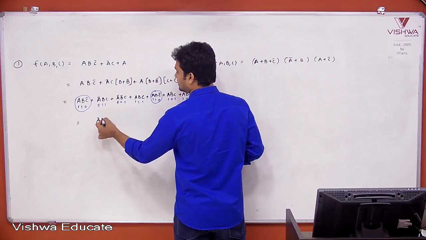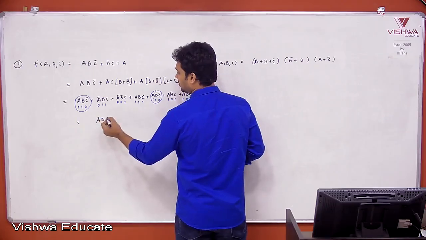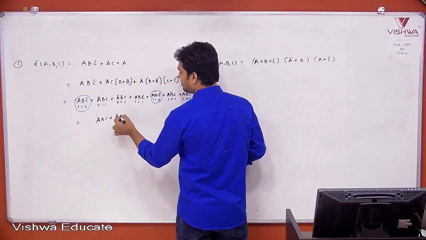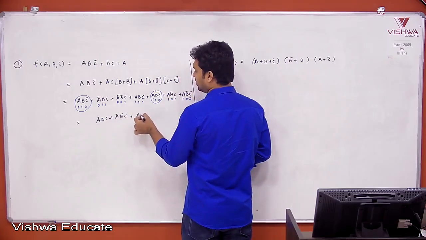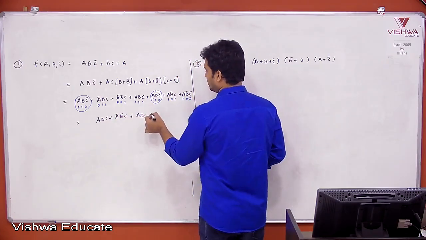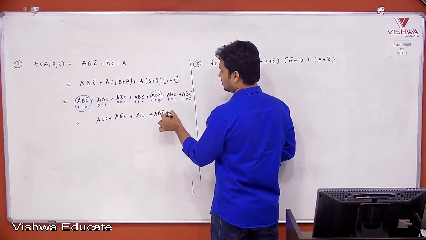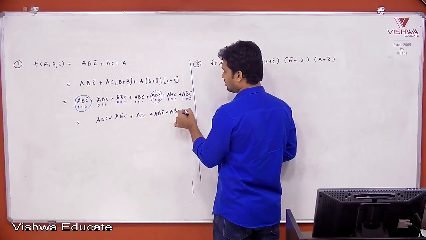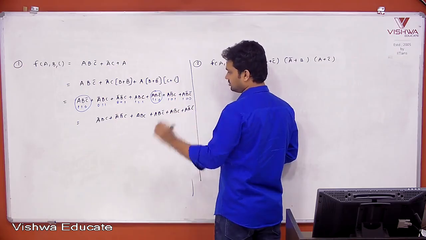A bar BC plus A bar B bar C, ABC, AB C bar, AB bar C, A B bar C bar.